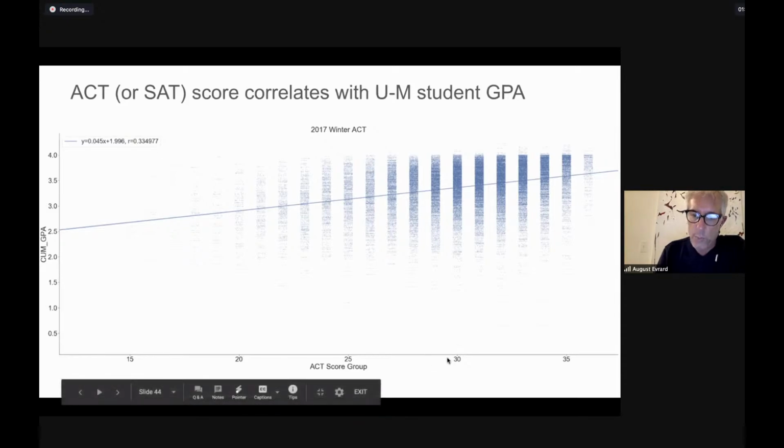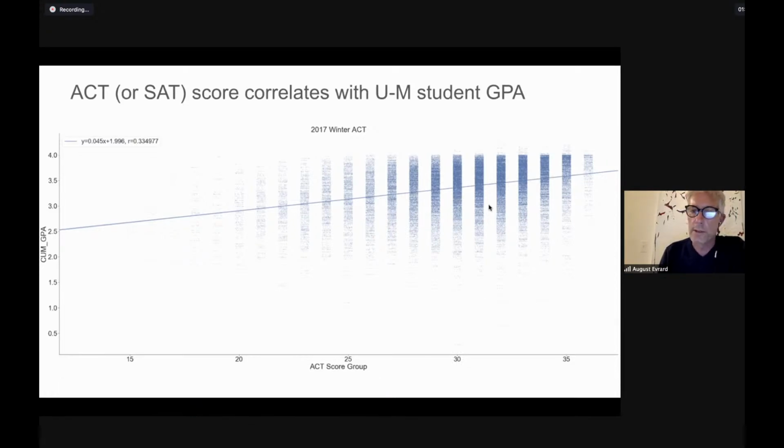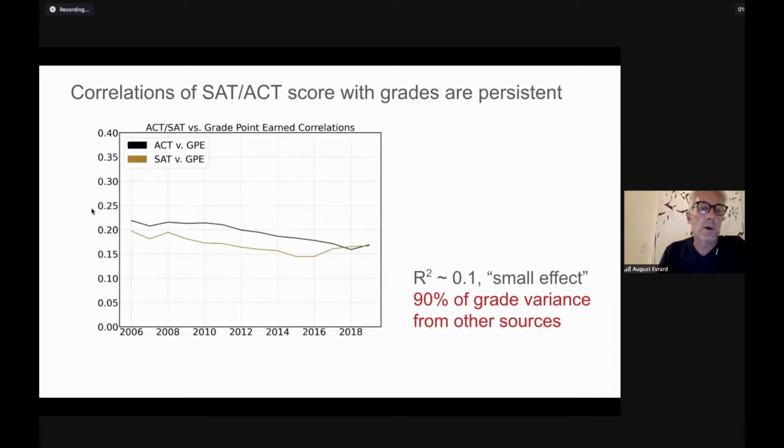Let me put it this way: if you test well on a standardized test, you're going to test well in courses too. And so, it's a weak trend line, there's a lot of dispersion, but that trend line is certainly there. And it's pretty persistent. So if you look at the correlation coefficient between ACT and grades earned and SAT and grades earned, it's been pretty constant. It's weakly declining with time, but it's a mild correlation.